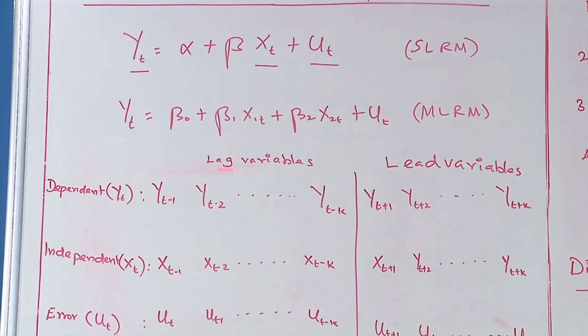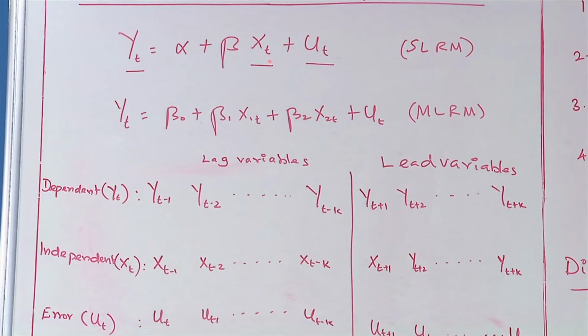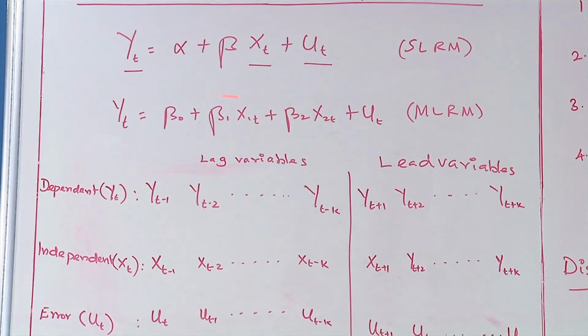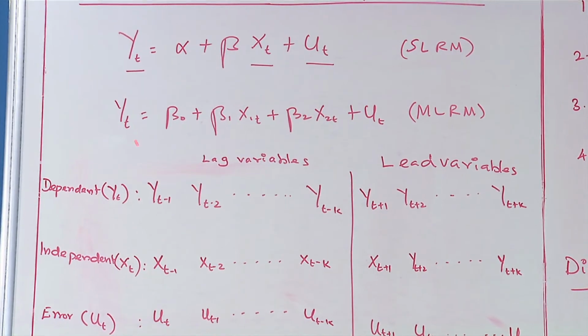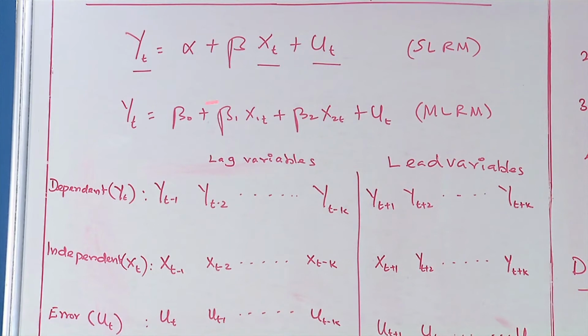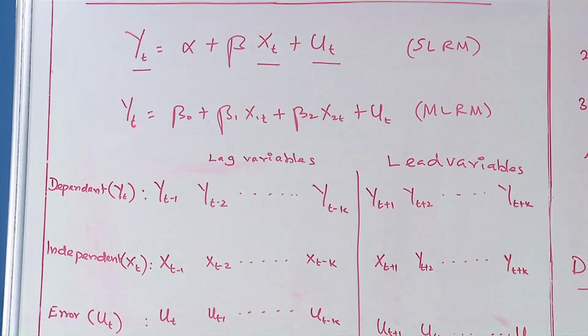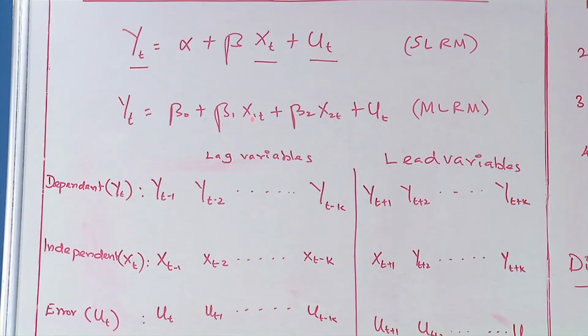All these models have got time references. The time references are the same, and so they are called same period models or instantaneous models. These models help you to model the instantaneous and contemporaneous relationship between yt and xt, in this case yt and x1t and x2t.